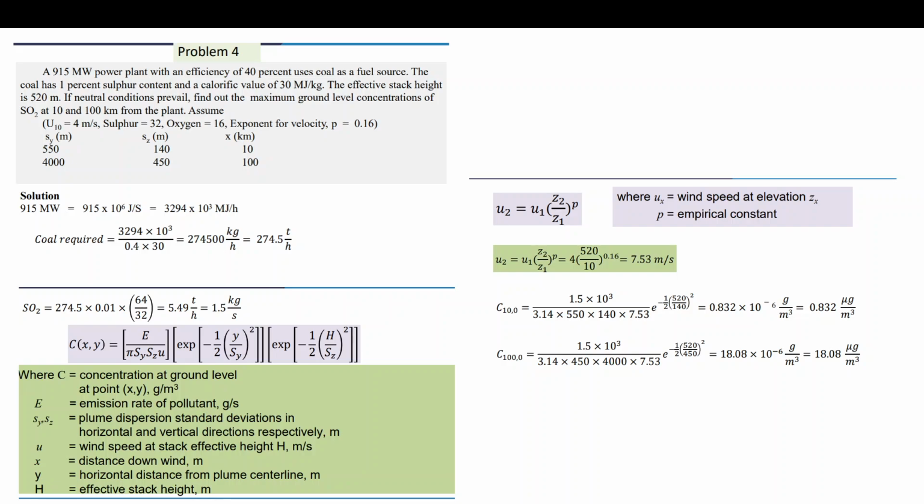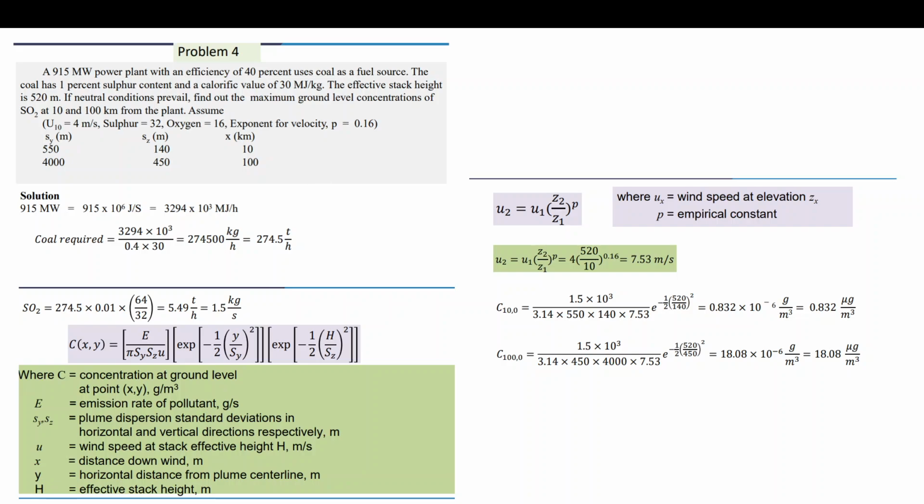And if neutral conditions prevail, find out the maximum ground level concentration of SO2 at 10 and 100 kilometers from the plant. Assume U10 and atomic weight are given. The exponent of velocity p is given to you. Further, the probabilities are given. Okay, so let's solve this question.